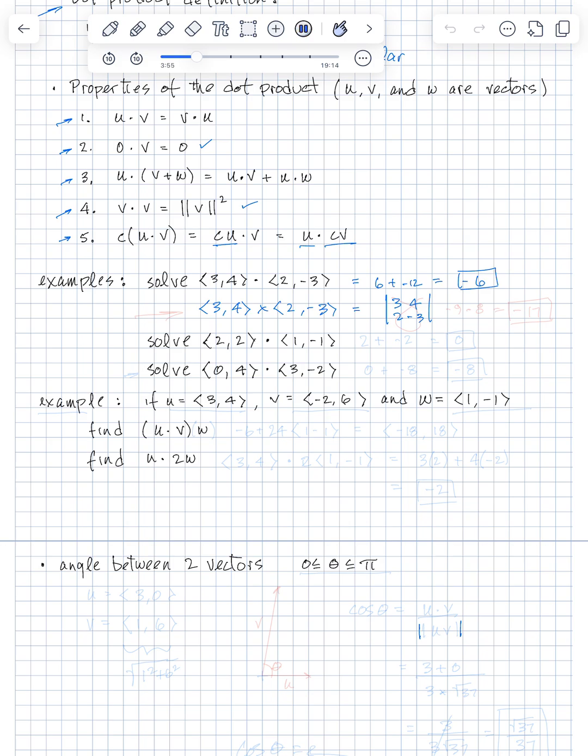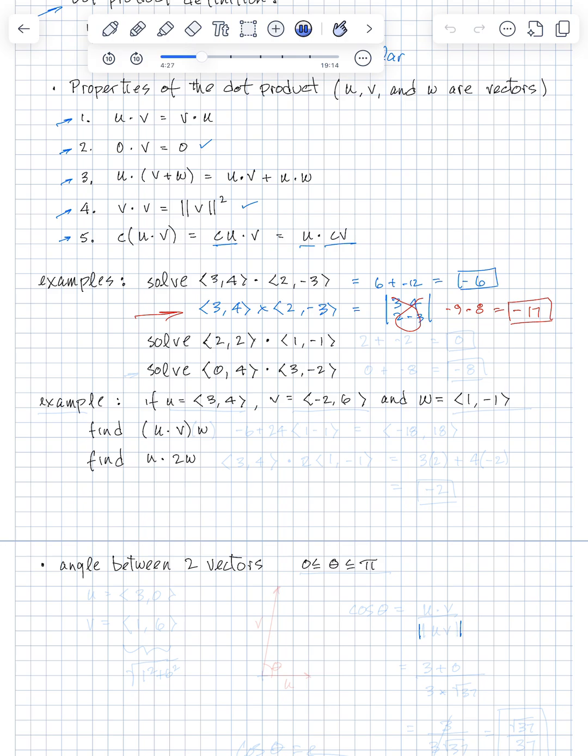To solve that, you might remember it's 3 times negative 3 minus 2 times 4. So it's negative 9, minus 2 times 4 is minus 8. I'll get a negative 17. So that's the matrix solved by determinant. That's the difference between a dot product and a cross product. So we'll do more of this when we get to chapter 8.